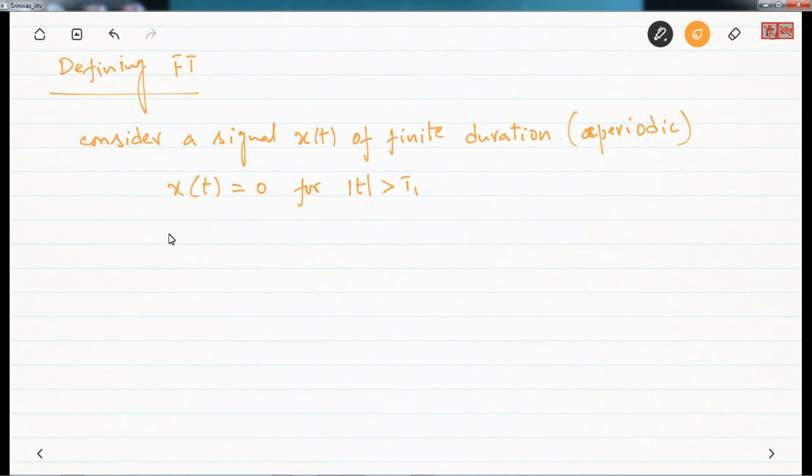That means we just have a signal something like this. We take an example where, say, this is minus t1, this is plus t1, and this is x of t.